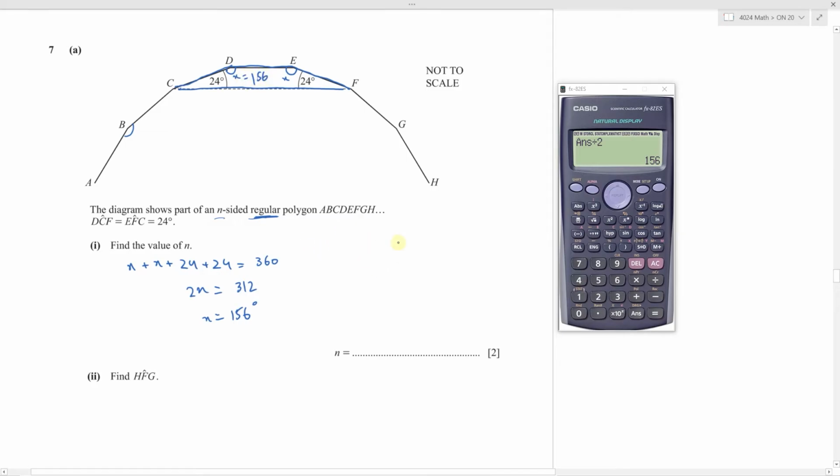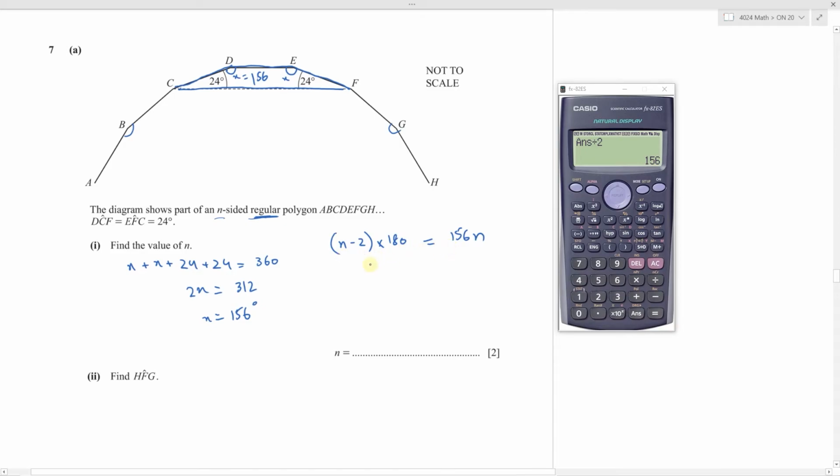Now, what is the sum of all the interior angles of this n-sided polygon? n minus 2 into 180, which should also be equal to 156 multiplied by n, right? Because if one angle is 156 and there are n such angles, the total sum of all angles will be 156 times n, and it can also be calculated using the formula you have learned for any polygon: the sum of interior angles is n minus 2 into 180.